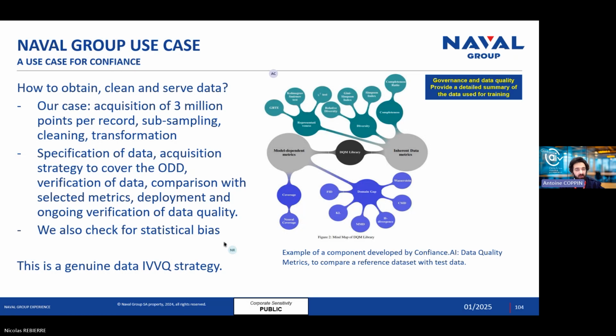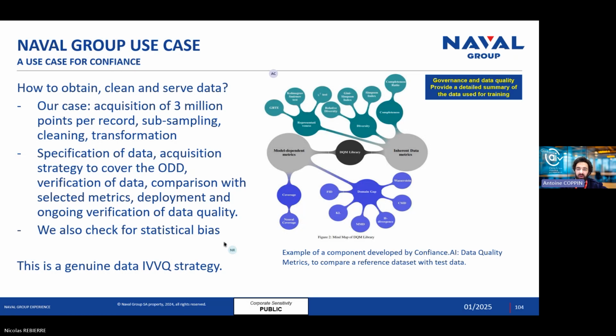You also have to check for statistical biases. So you really know with the AI Act, but in any case, if you want to be very serious with your product, you have to have a very genuine data quality strategy. And how can you do that? With Confiance.ai, we are about to do this with a DQM library, DQMs that Fawzi was in charge of lately.